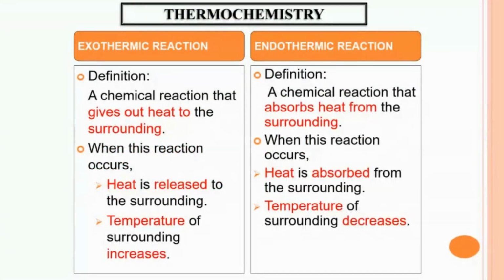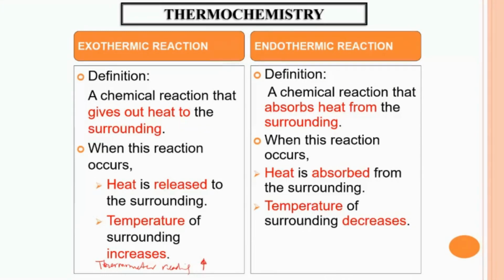Next is thermochemistry. Two types: one is exo, one is endo. For exothermic chemical reaction, it gives out or releases heat to the surrounding. Temperature of the surrounding increases, so you will see the thermometer reading go up.